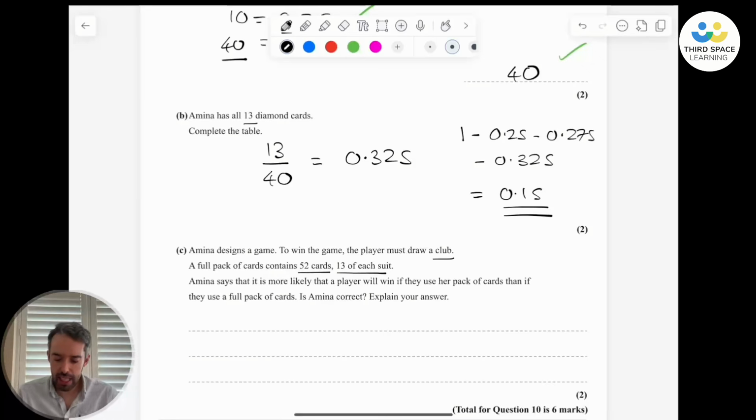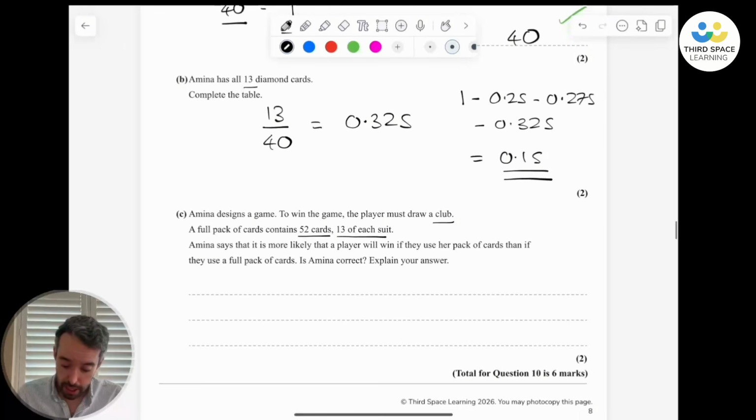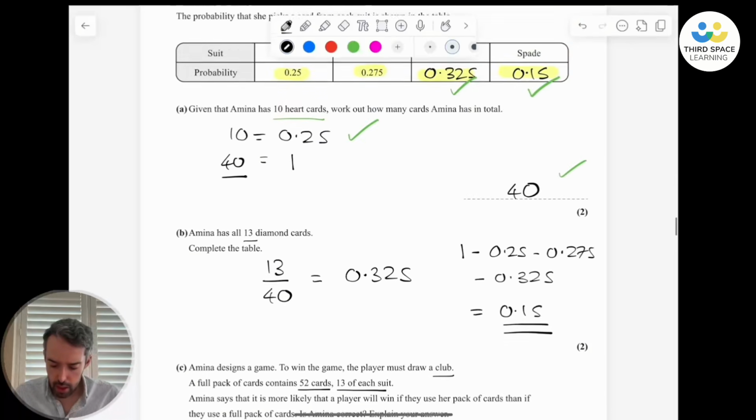Amina says that it is more likely that a player will win if they use her pack of cards than if they use a full pack of cards. Is Amina correct? Right, well, let's think about this. The probability in a full pack of cards of drawing a club would be 13 out of 52, wouldn't it? So 13 out of 52 is a quarter, 0.25.